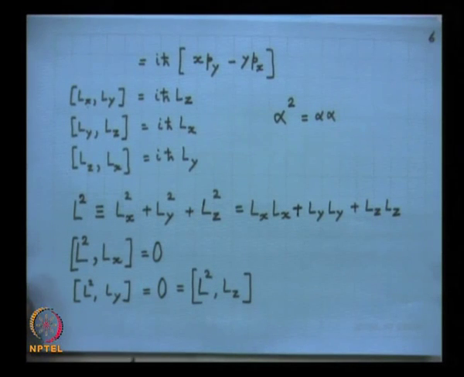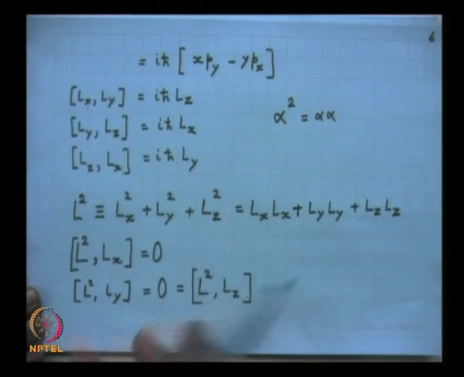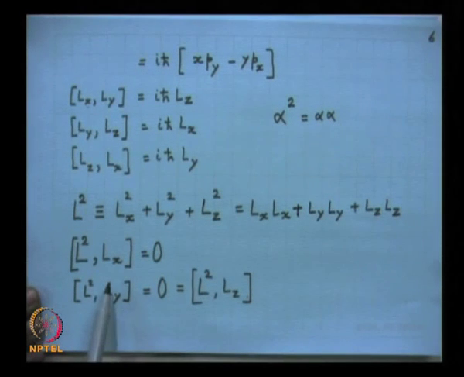So, although L x, L y and L z do not commute with each other, each one of them commutes with L square.